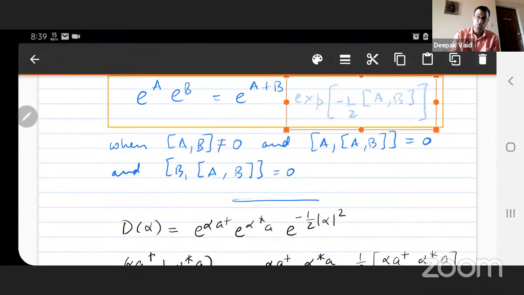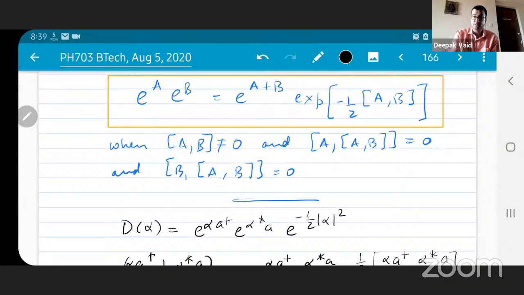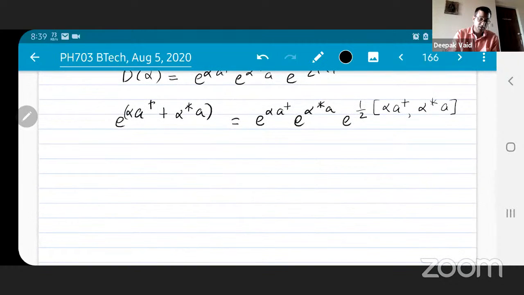When I bring this exponent over to the other side, I'll get a plus sign, right?